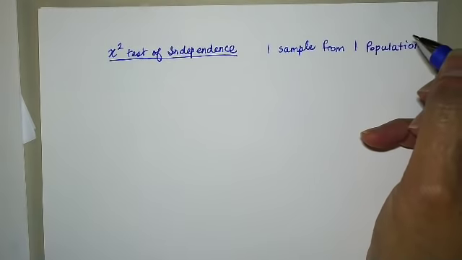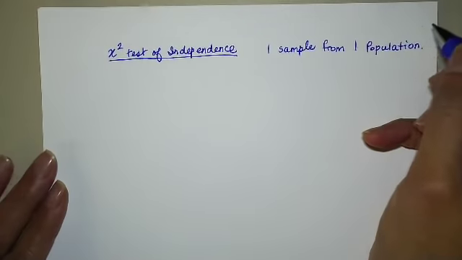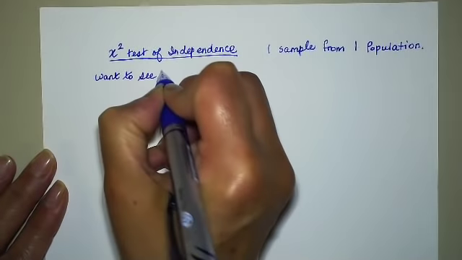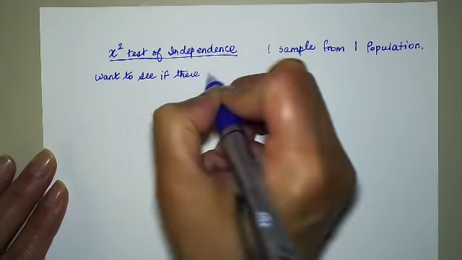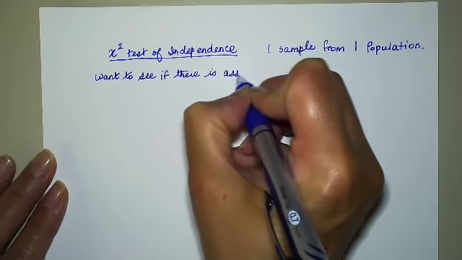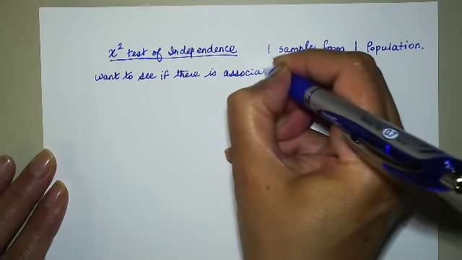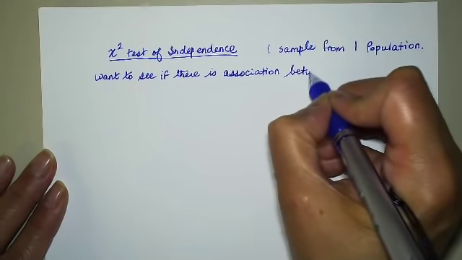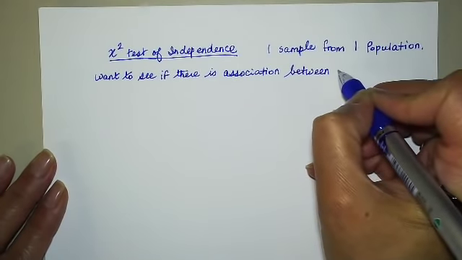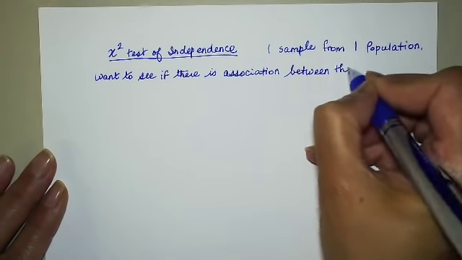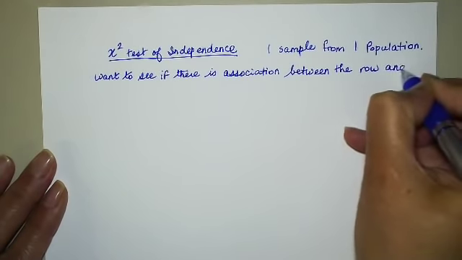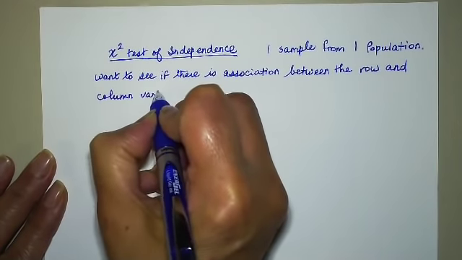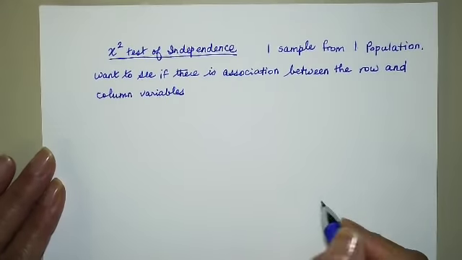So a single sample is taken from the given population, and you want to see if there is association between the row and column variables.